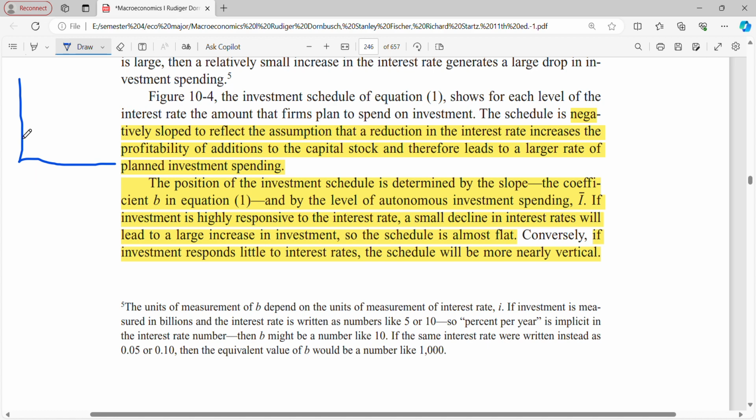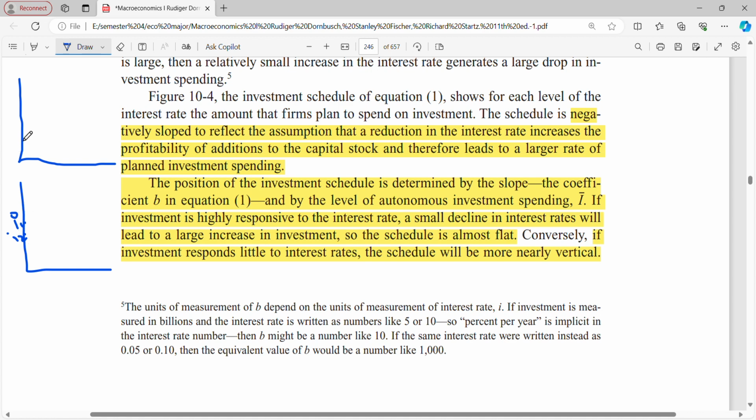When B is large, say we have the interest rate here, and a small decline in the interest rate happens. Just a small decline, but the response to the interest rate is higher. That is, the coefficient B is higher.